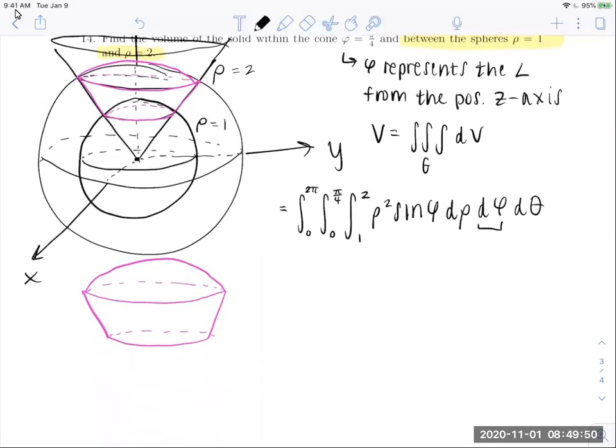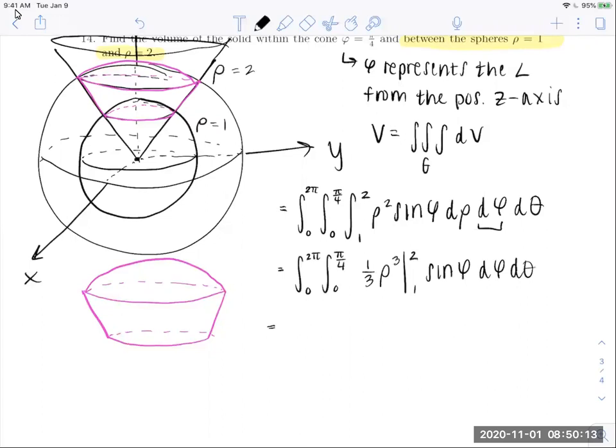All right, so here's our setup, and now we just need to carry out the integration. Let's integrate with respect to rho first. So I'm going to copy my first two integrals. And then for rho, I'm going to get a 1/3 rho cubed, where rho is ranging from 1 to 2, of sine phi d theta.